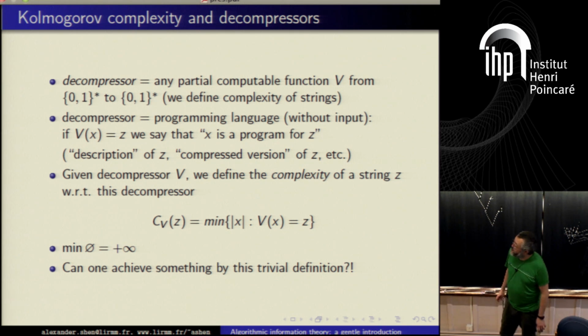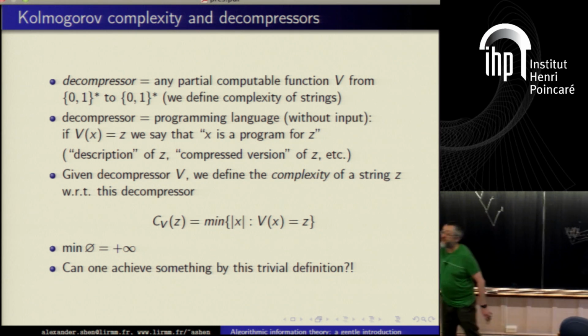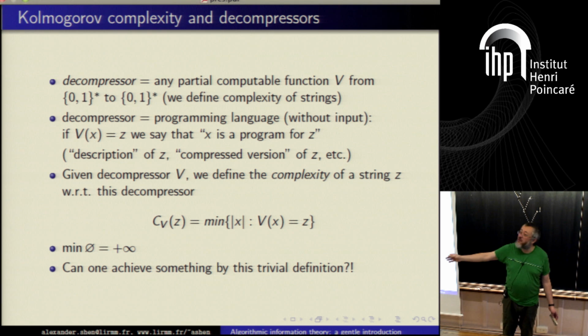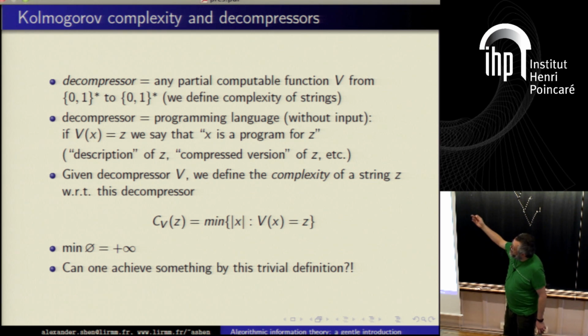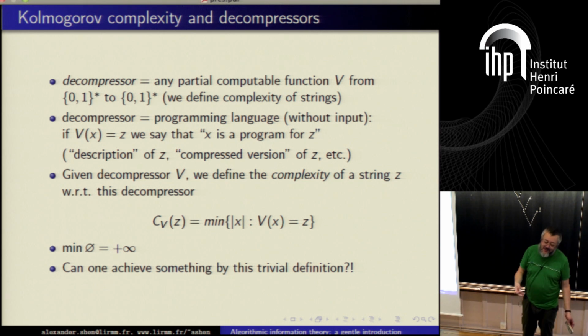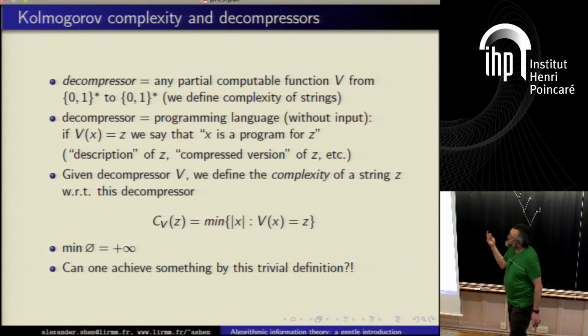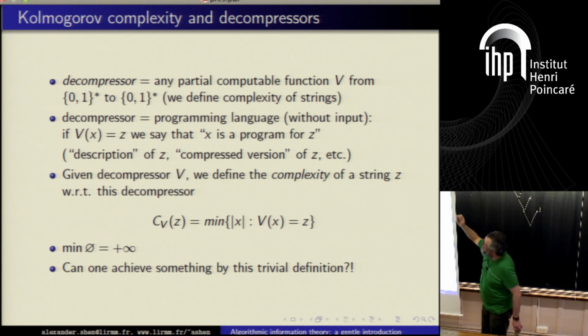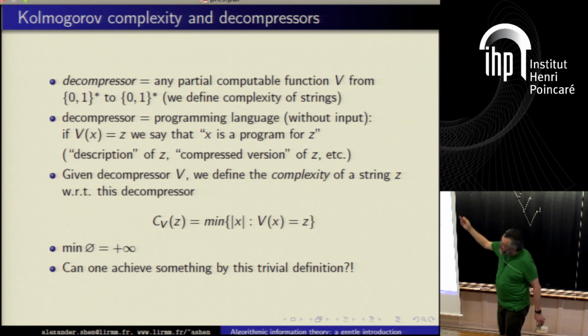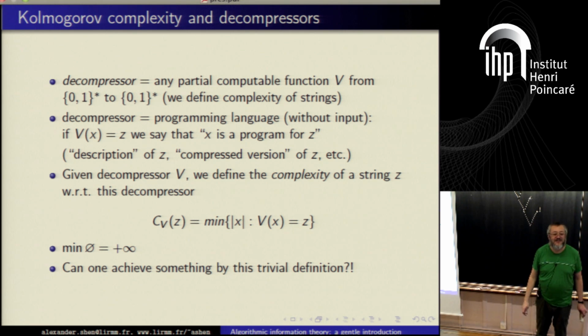We consider partial computable functions, just a function computed by an algorithm. So all these are synonyms. You can make a distinction between an algorithm which has a time complexity and the function it computes, but for now it's not a difference. So we consider any computable transformations, any functions, any algorithms, any interpreters of all programming languages.